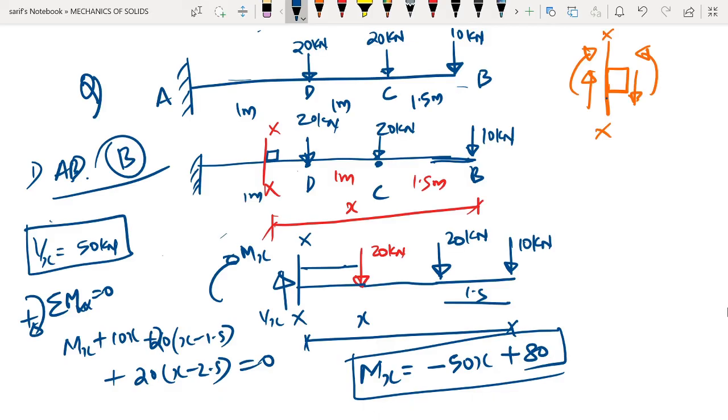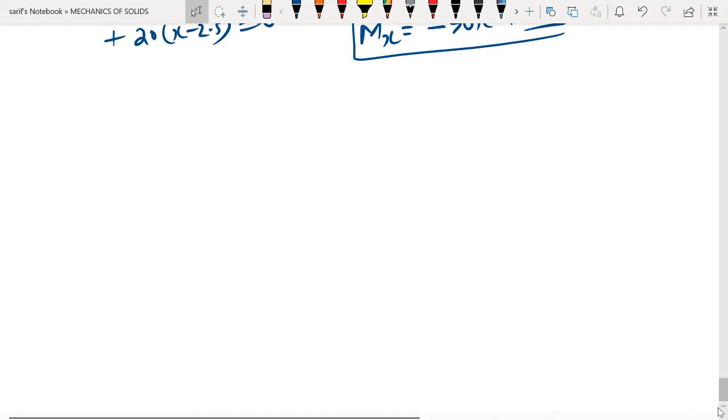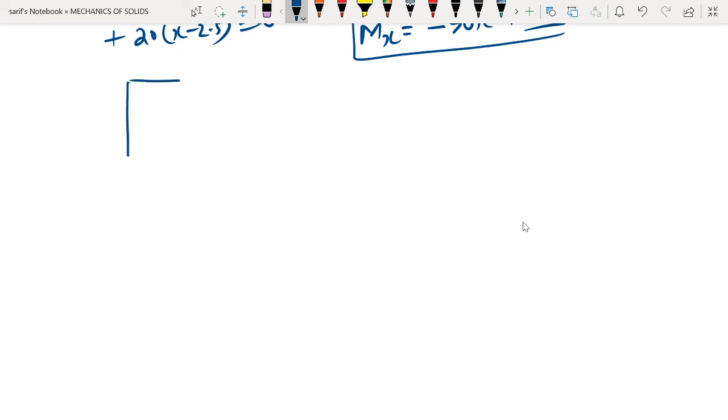Now we will draw the tabulation form. It is always preferable to draw the tabular form so that it helps us to systematically represent whatever values we have found out till now.